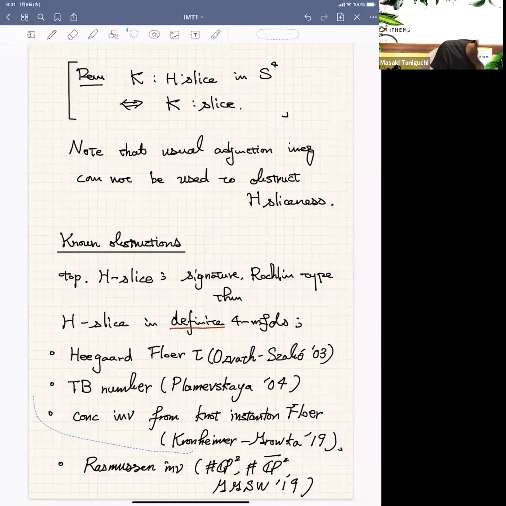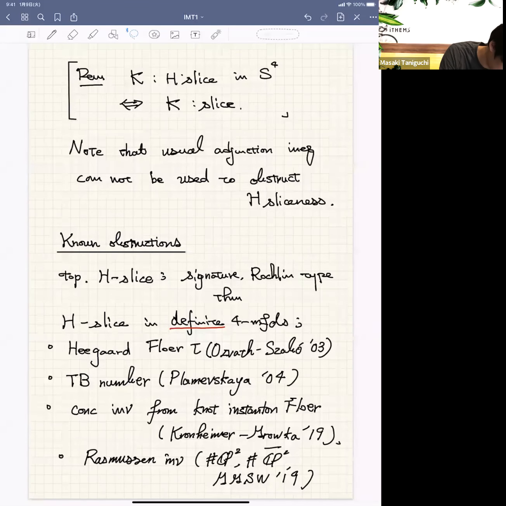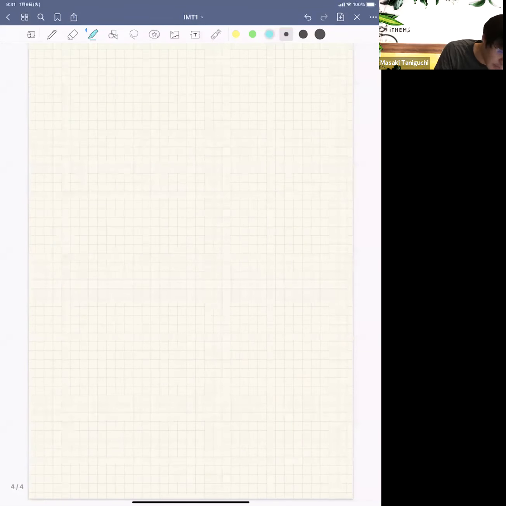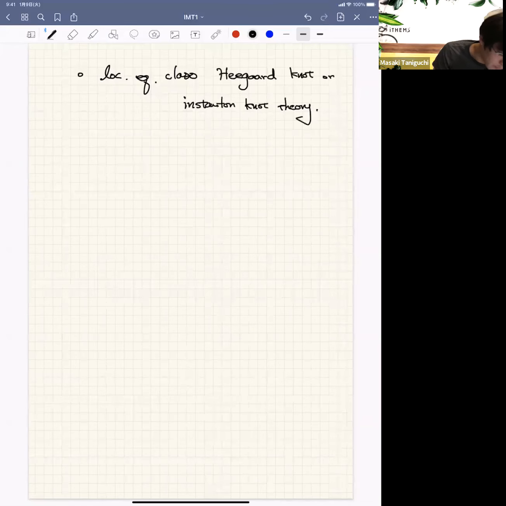These are famous obstructions to H-sliceness in definite four-manifolds. Also, the local equivalence class invariants obtained from instanton Floer homology or Heegaard Floer theory give obstructions.